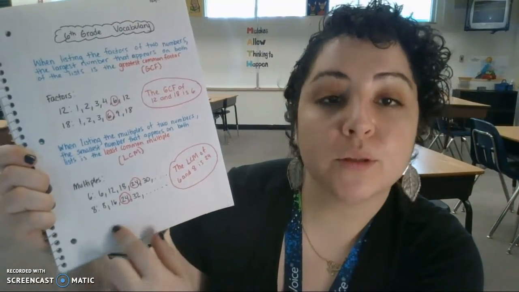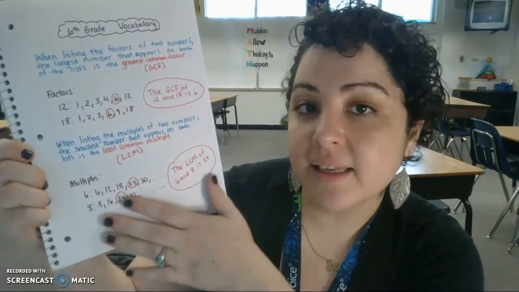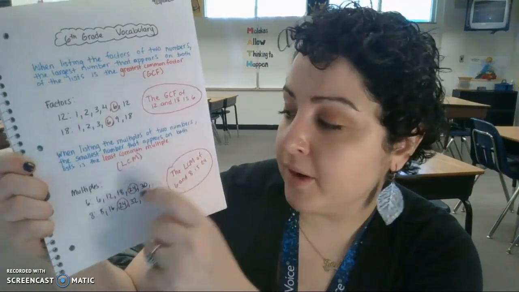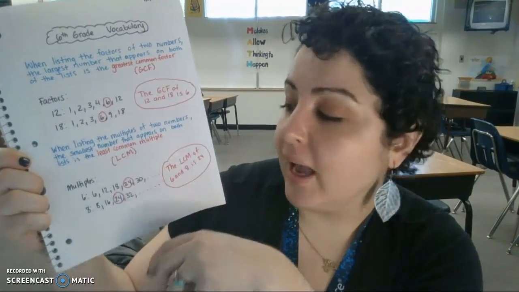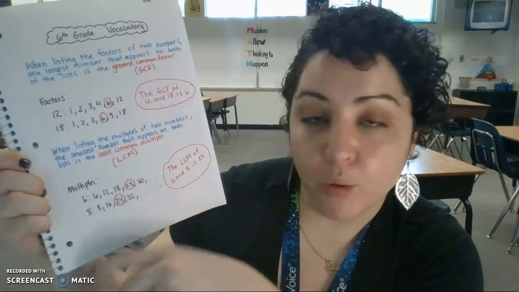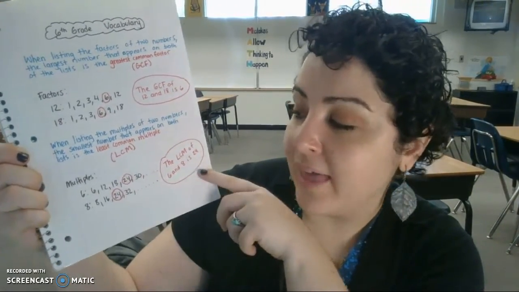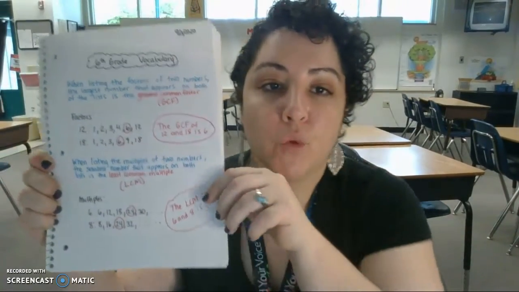We did the same for the multiples of 8: 8 times 1, 8 times 2, 8 times 3, 8 times 4. Now, I don't need to list the numbers going on forever because I'm just looking for a number that appears on both lists that is the lowest number. And so 24 appears on both lists, and it is the lowest number where they match. And so the least common multiple of 6 and 8 is 24.